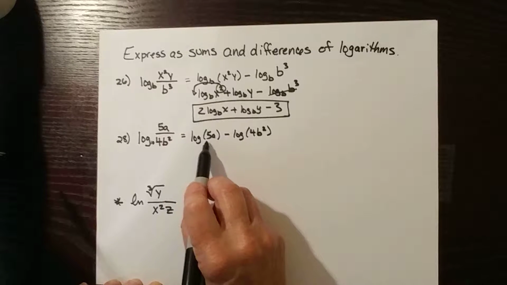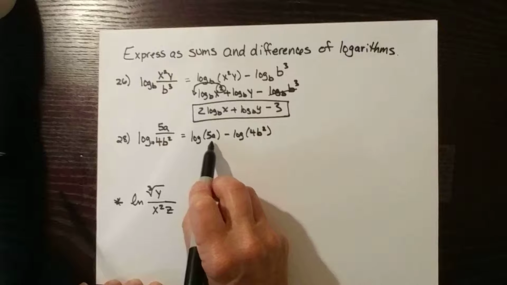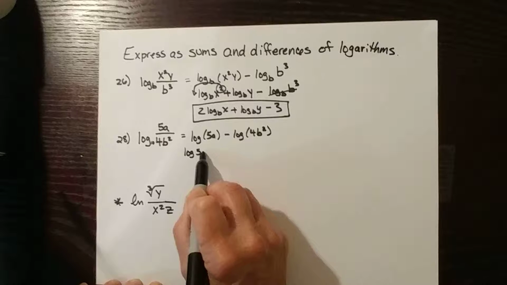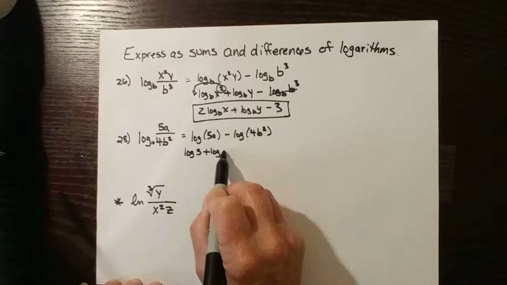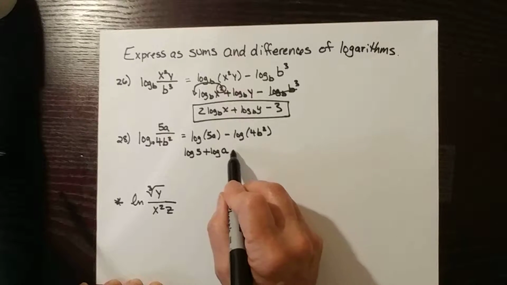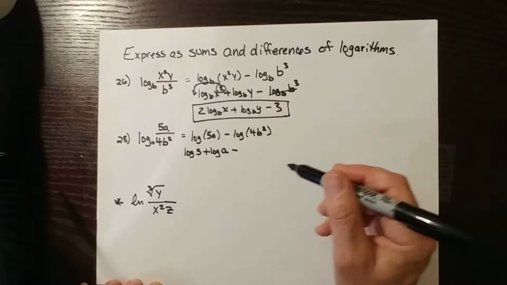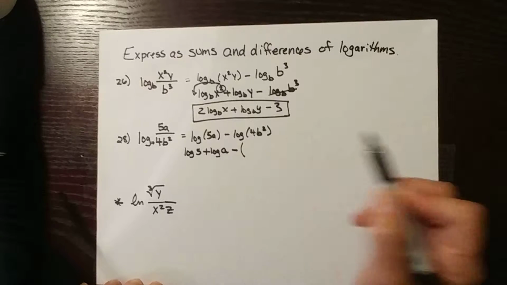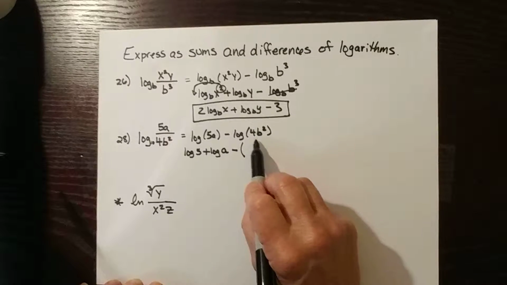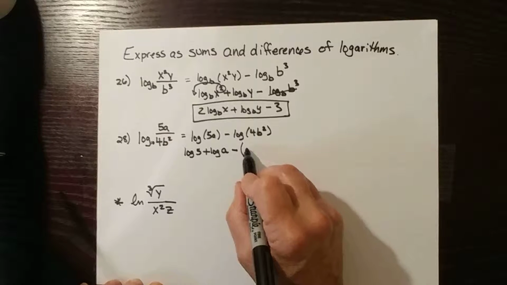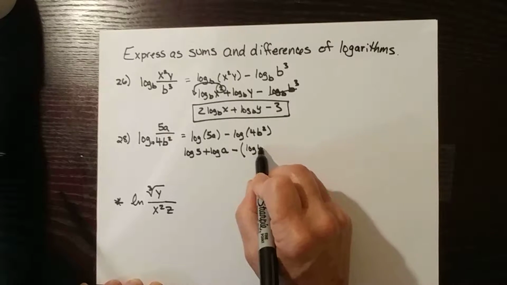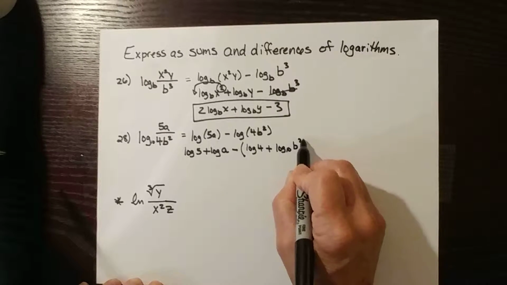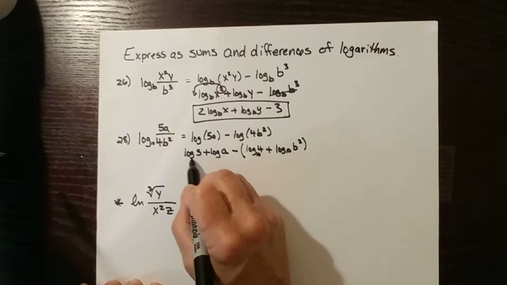Then when I look here, 5 and a, these are being multiplied. I can use the product rule. So this part's equal to log base 10 of 5 plus log base 10 of a. Minus, and then whatever I choose to do after the minus sign, the minus gets applied. So I'm going to introduce parentheses right here, and I'm going to separate these using the product rule because these are being multiplied. This is going to be log base 10 of 4 plus log base 10 of b to the second. And since I slipped that little 10 in there, I'm going to write it everywhere.